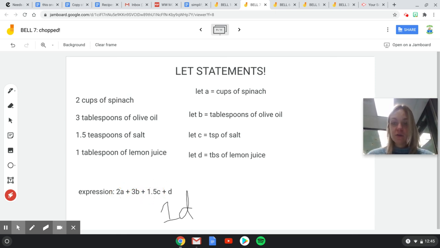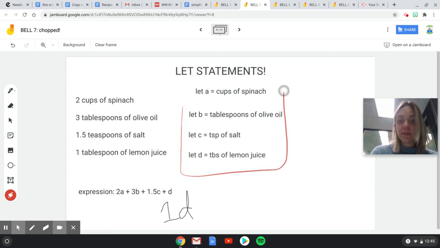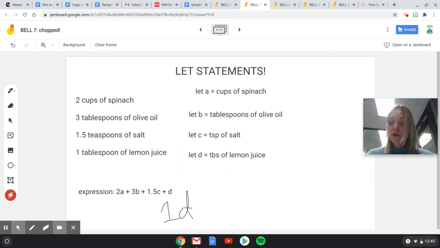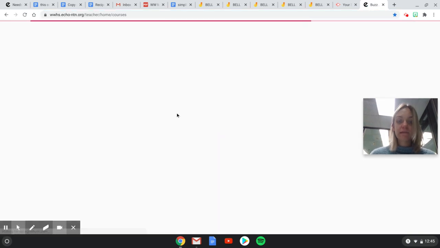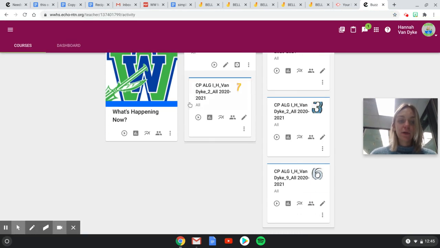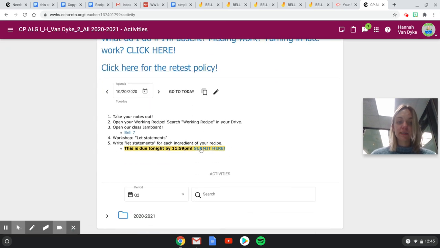You're matching those with your ingredients, and you're writing let statements. You're turning these in to Echo in the submission box, in the drop box that's on the agenda. So you're going to upload them here where it says submit here.